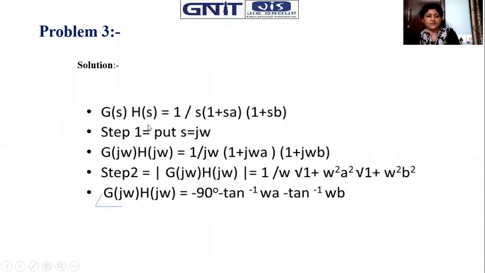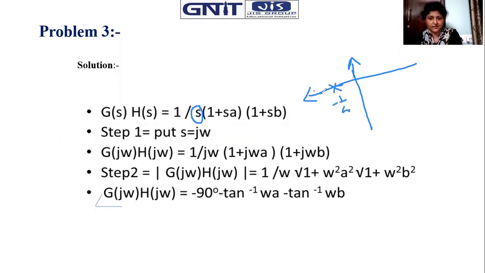So what is problem number 3? Problem number 3 is, again, see, there is another pole existing at the origin. So what we have here is 3 poles: the previous ones at minus 1 by A and minus 1 by B, and then a third pole at s equals 0.